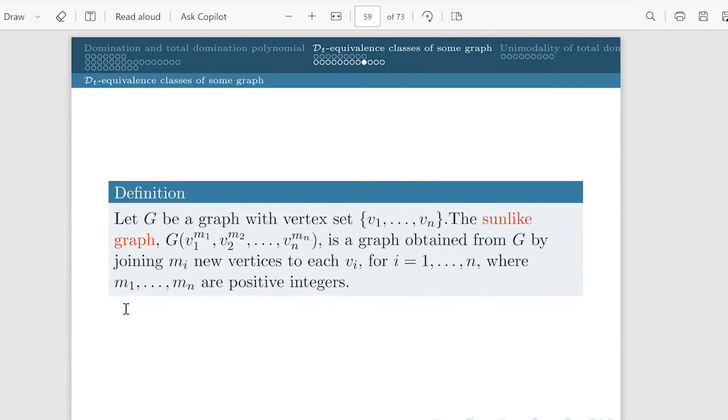And another graph, I think, has a very easy definition: we have a graph G, and we join m_i new vertices to each vertex v_i from the vertex set.